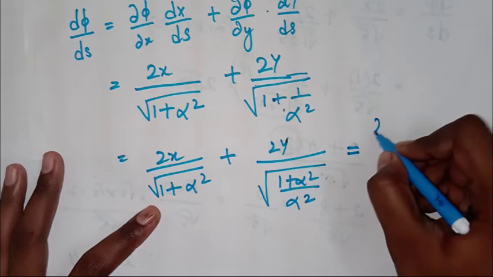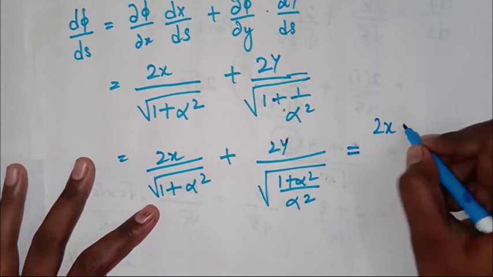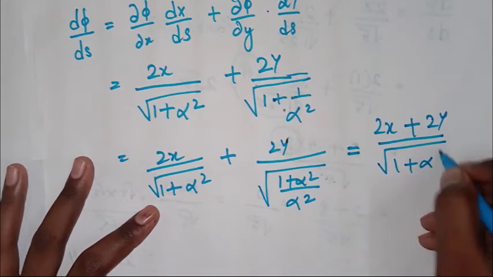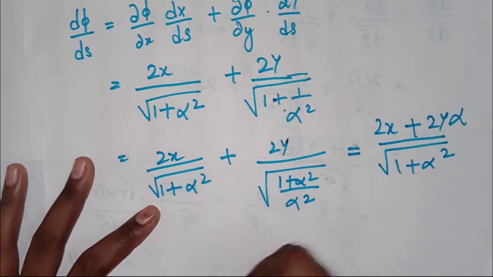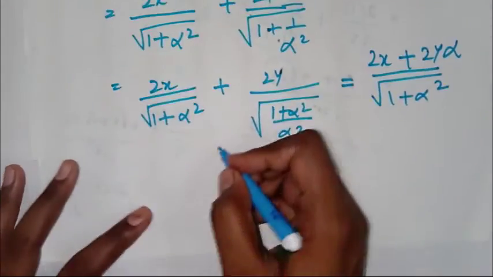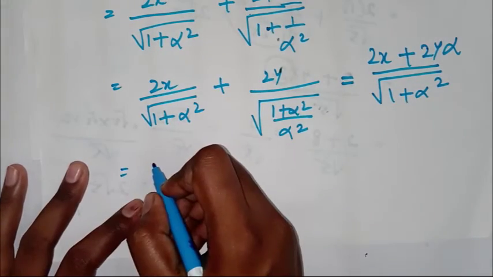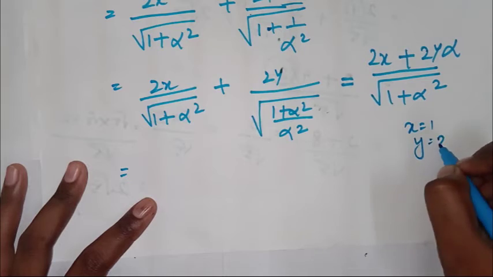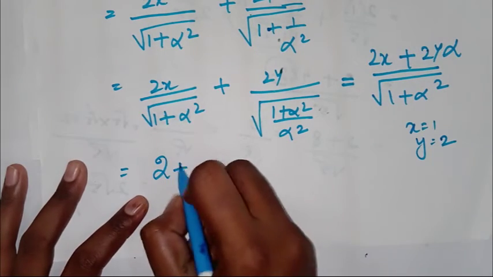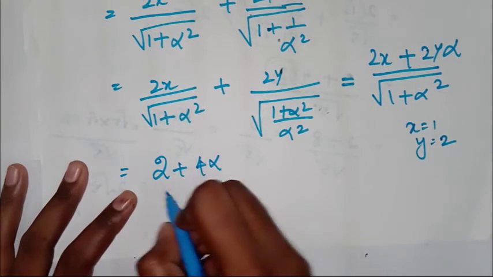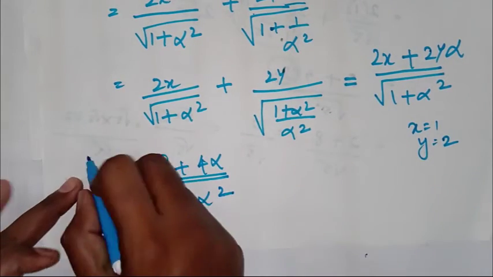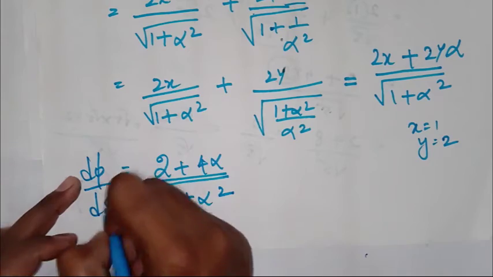When you consolidate this, you get 2x plus 2y divided by root of 1 plus alpha square; this alpha comes up top. Okay? Now in these terms, what are the values of x and y? 1 and 2. So x is equal to 1, y is equal to 2. Substitute that: 2 plus 4 alpha divided by square root of 1 plus alpha square.